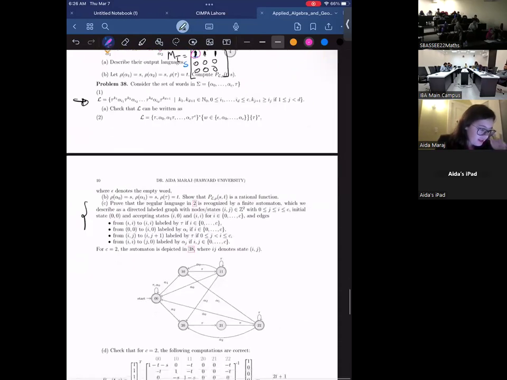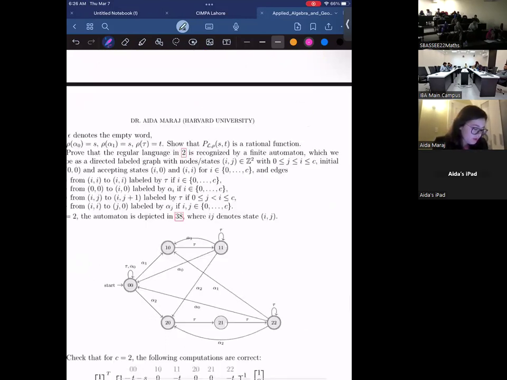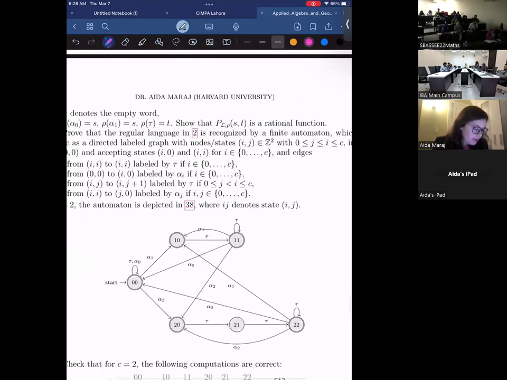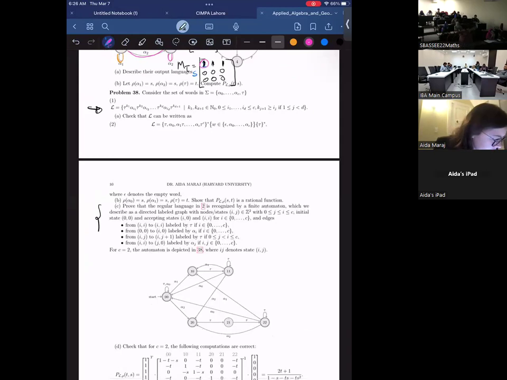And so maybe here, I've given one automaton. So what are the possible outputs of this one? And I claim all the possible outputs look like this L here, where I1 through ID are, in this case, alpha 0, alpha 1, alpha 2.